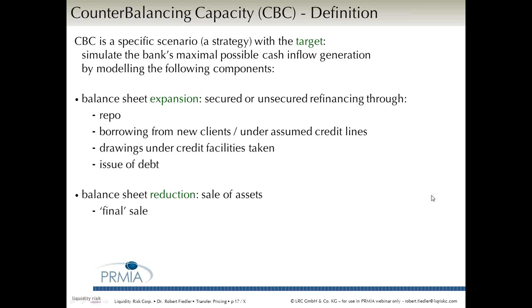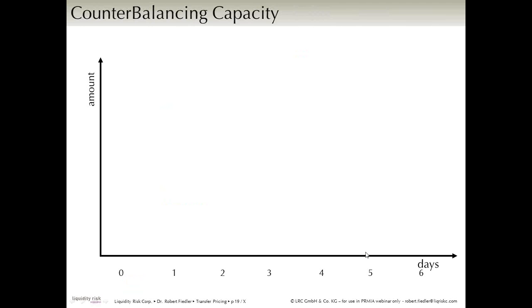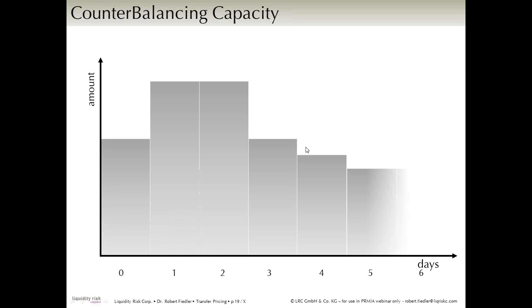You sell assets either finally or you sell them temporarily and buy them back. These are the possibilities you can use there. So how does this work in practice? Basically, you look at one security or the portfolio of the bank security. They have a term structure, or possesses.